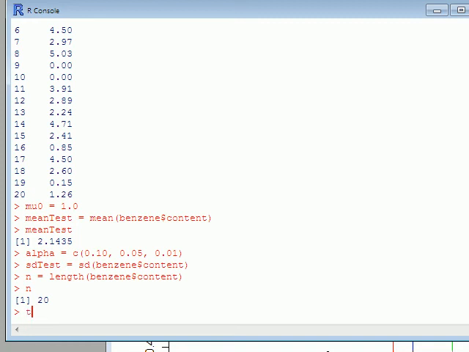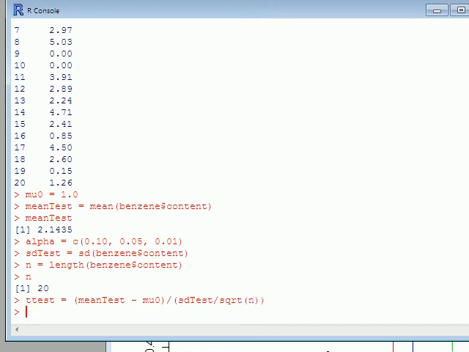So the t for the test will be the mean for the test minus mu 0, divided by the standard deviation for the test over the square root, lowercase, of n. And now that's my t-value.